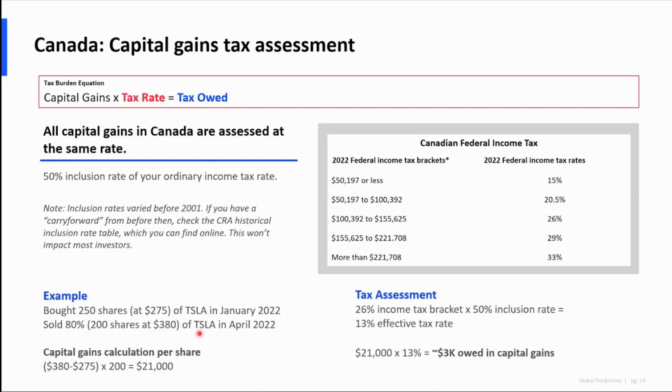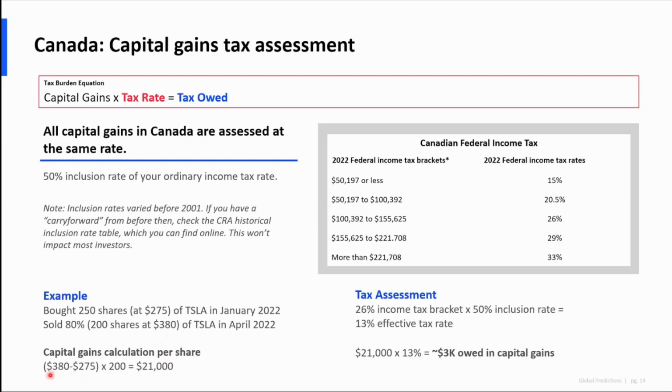To calculate the capital gains and then the tax owed, first we get the gains, which is the price you sold at, 380, minus the 275. You multiply that by the number of shares, but it's important to note it's only the shares you've realized on a sale. So even though I initially had 250, it's just this 200 number. I still own 50 that are floating around. They might go up, they might go down. I have no current capital gains on those.